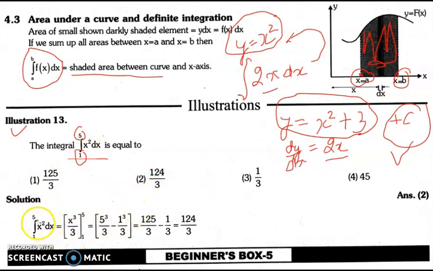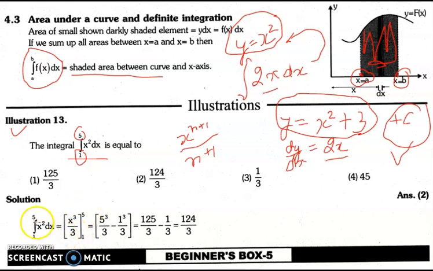So when we will try to integrate this thing x square, what will be the formula? X raised to the power n plus 1 upon n plus 1. Okay, so x square integral would be x raised to the power 2 plus 1, means x cube upon 2 plus 1, means 3.